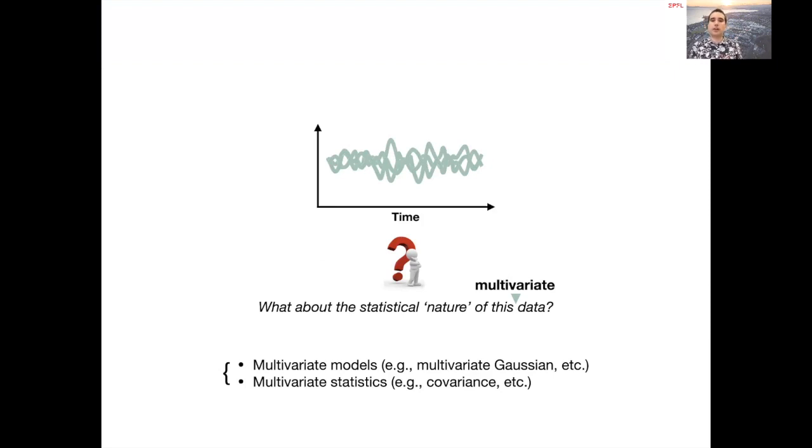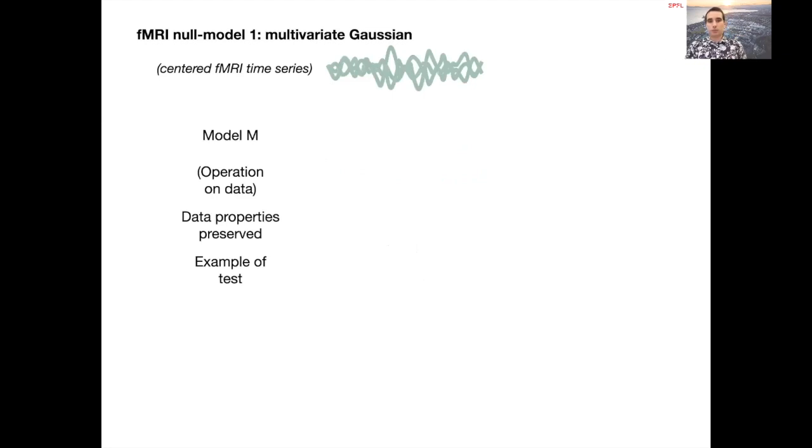So instead of variance, we'll have covariance. We have cross-correlation matrices, we'll have multivariate Gaussian distributions, etc. So let's take the simple example of the multivariate Gaussian null for centered fMRI time series. The null model in that case is that each time point, and again, each time point separately, has been generated by a Gaussian distribution with mu 0, because we assume centered fMRI time series, and covariance pattern or correlation matrix sigma.